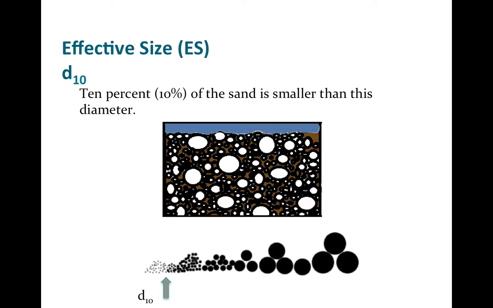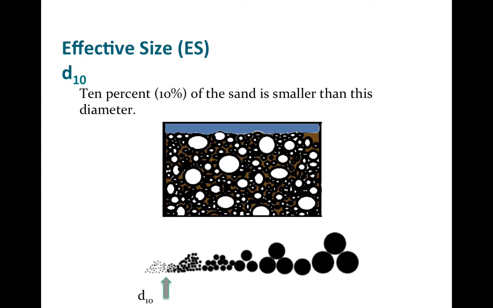The other measure for describing grain size is the effective size. This is different than the maximum size. The grains at the maximum size help the filter to flow faster, within reason. The grains at the effective size are what contribute most to the pore size and to the sand's actual resistance to flow.